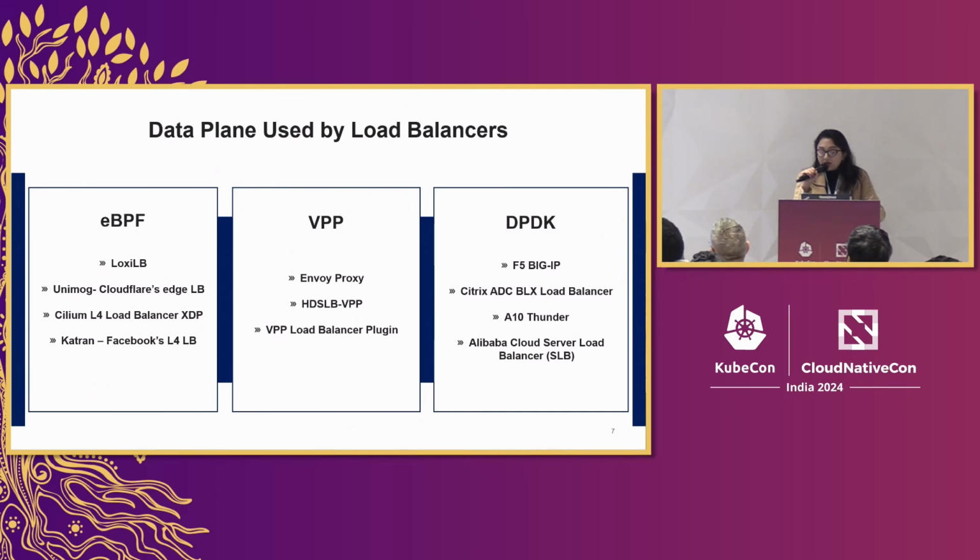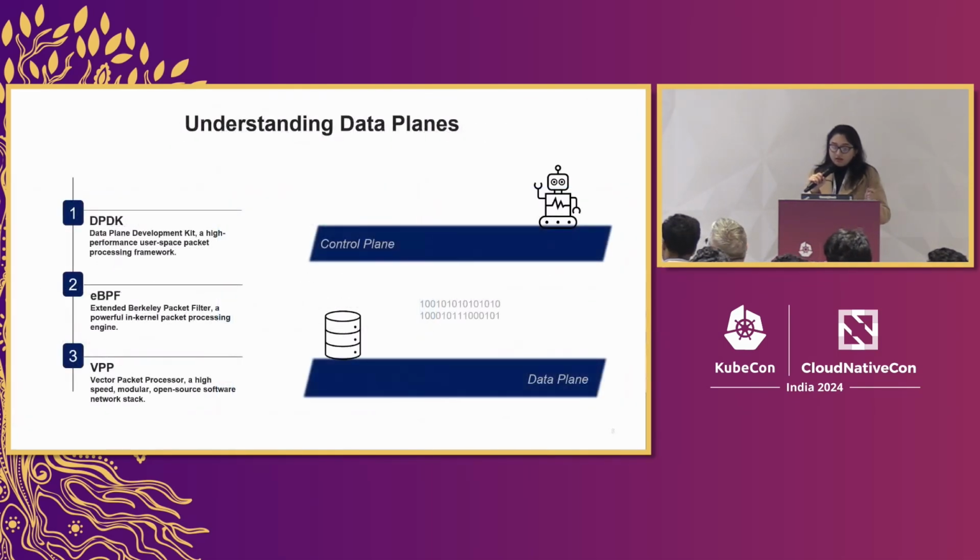And Alibaba Cloud Server Load Balancer uses DPDK, and load balancers like F5, Citrix, and A10 Thunder, in their ADC models, support DPDK for fast packet I/O. So we are going to talk in detail about these three.